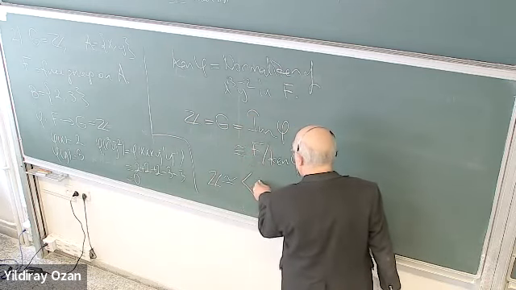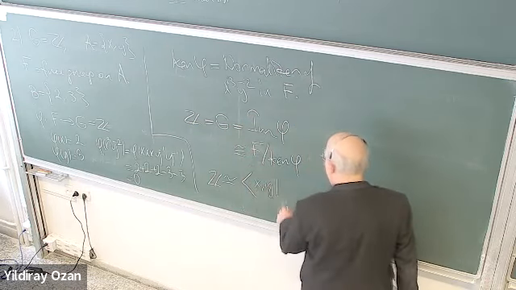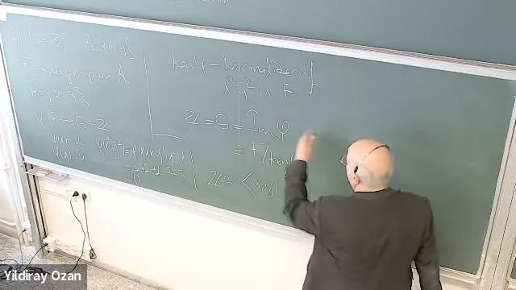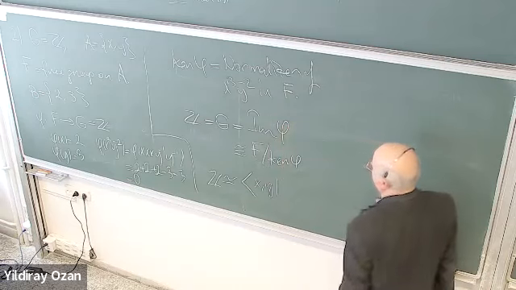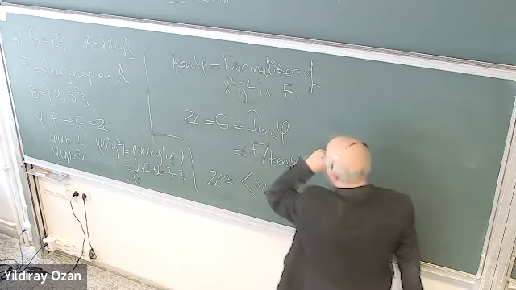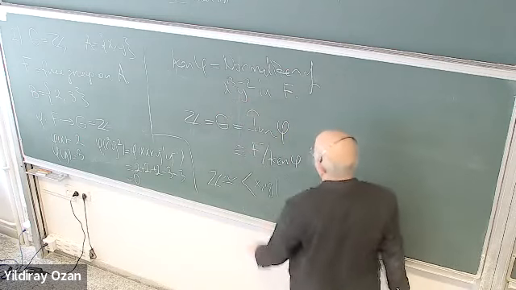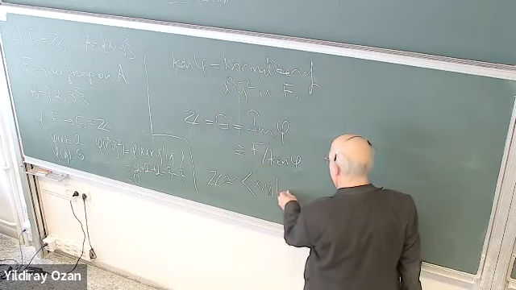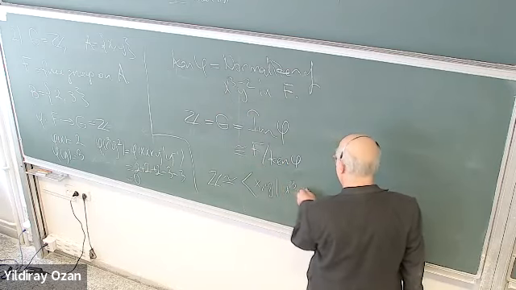F is generated by two elements, x and y, and the kernel has, of course, not just this element, but any element in the normal closure of this element, but we will simply write the following.